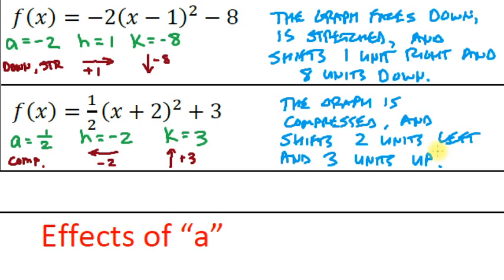And there you go. That's how you can take these questions and actually look at the equation and tell me how does the a value change the shape or direction of the graph? How does the h and k value change the location of the vertex, which changes the location of the graph?